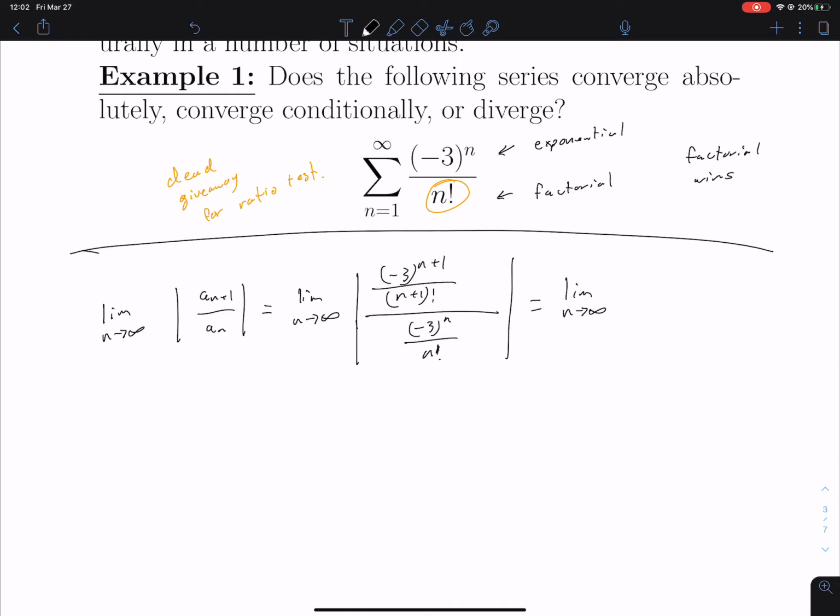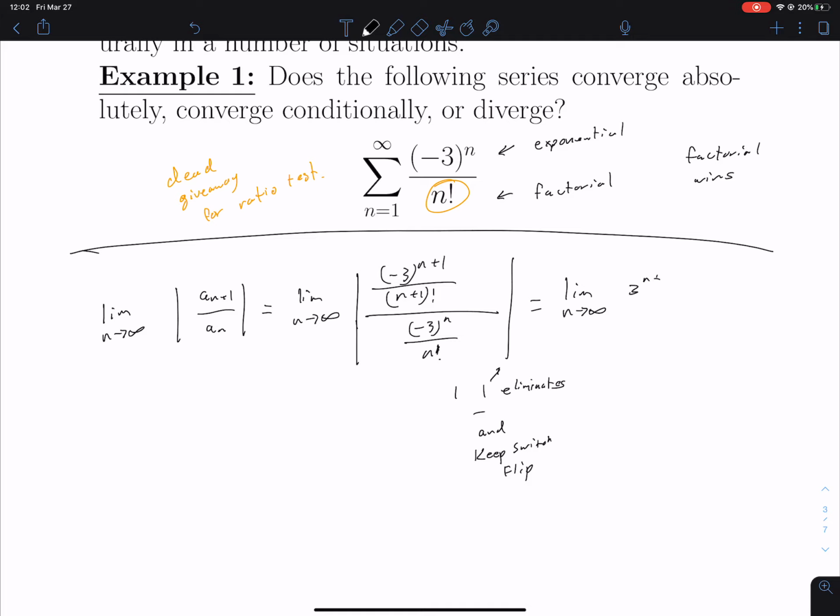So the two things that happen here are the absolute value eliminates the minuses and keep switch flip. And we'll end up doing this a lot. Normally these will be fractions, so we'll keep switch flip a lot.